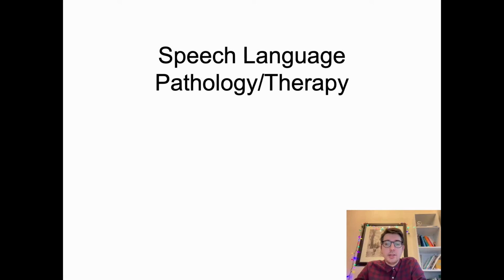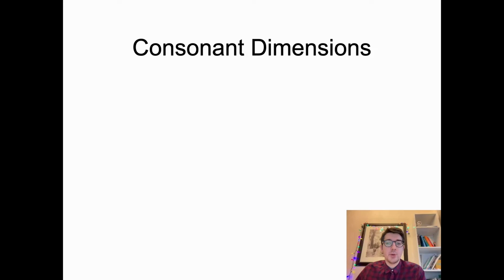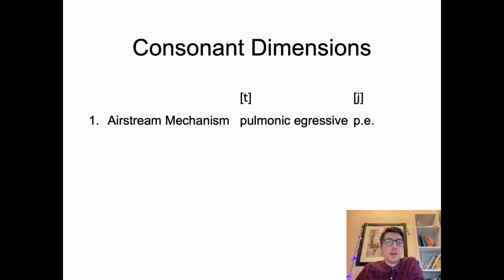In 341, we talked about how to articulatorily describe speech sounds, and we mentioned several dimensions. So I would like to start with that. First of all, there are consonant dimensions that we talked about. For example, if you have two consonants such as t and y, you might have an airstream mechanism with which you are producing these two.